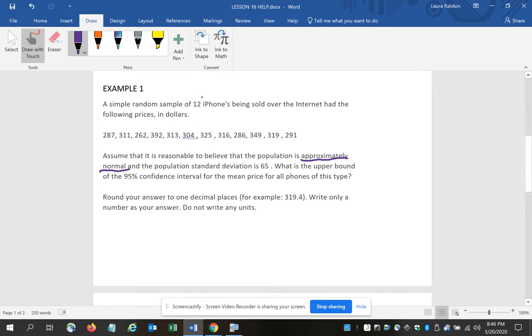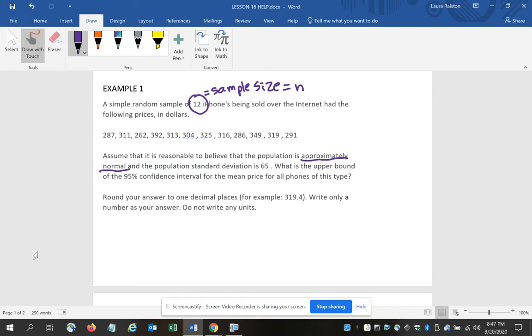It also told us in the first sentence where it says 12, that's my sample size. So that corresponds to N. Because that sample is relatively small, they tell you that your population is approximately normal.